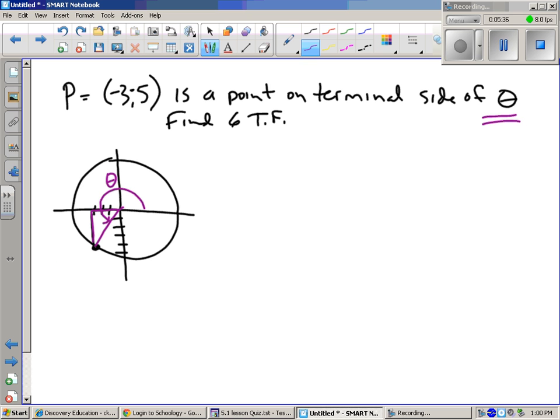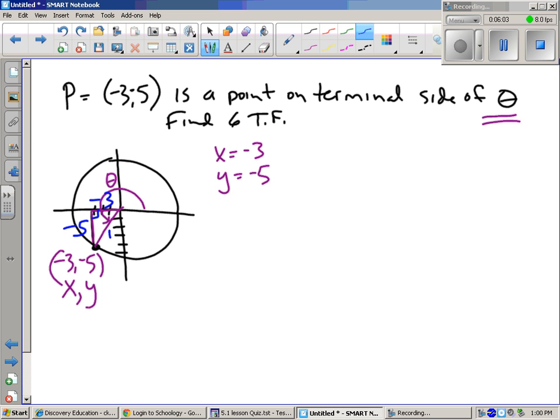All right, so if I label this -3, -5, that tells me that x is -3 and y is -5. So I'm going to write that down. X is -3, y is -5. And on a right triangle, if I put those labels in, -3 and -5, we know we can use the Pythagorean identity to find the hypotenuse.